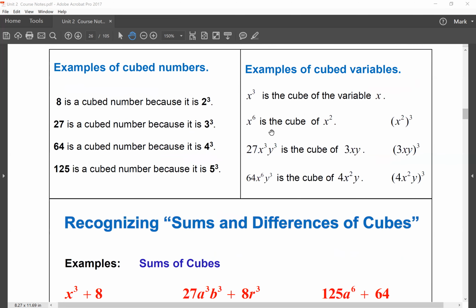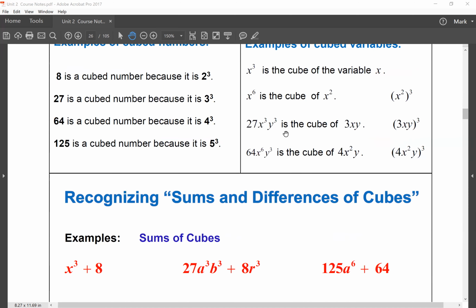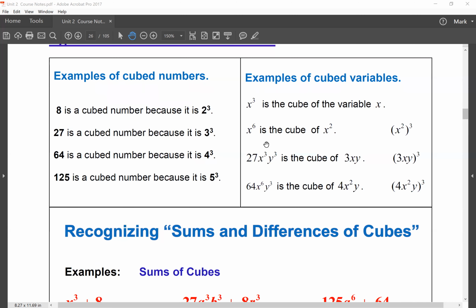Okay. So the last finale, the last type of factoring, recognizing sums and differences of cubes. First of all, maybe this is something you're not familiar with. What is a cube? What is a cube number? A cube is like a square, a perfect number, except instead of being squared, to the power of 2, it's to the power of 3.